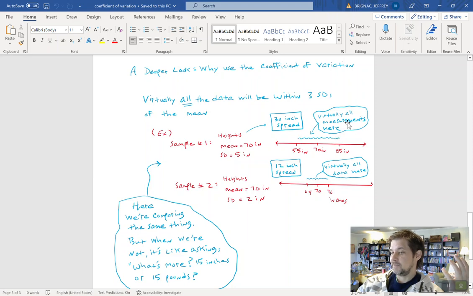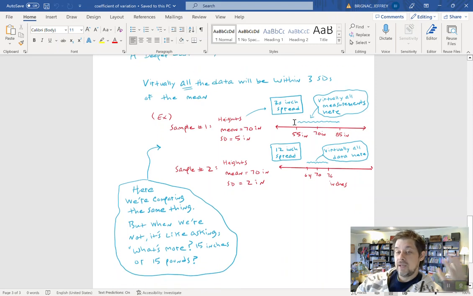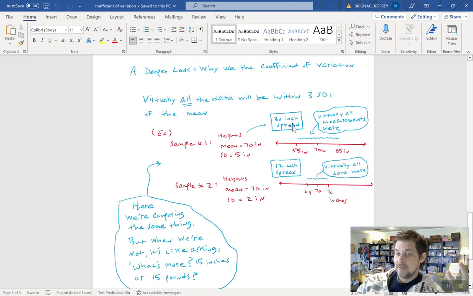I don't know what the individual numbers are, but thinking that virtually all the data is within 3 standard deviations of the mean, then that's a 30-inch spread of where those numbers probably are. And here with this one, it's only 12. So you see, if I'm comparing the same thing, it's easy to say that these data are more spread out. We're just comparing the same thing. There's no magic to it at all.